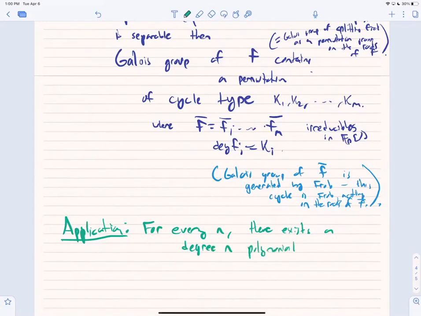It's going to be irreducible in Z[x] such that the Galois group of f is just the symmetric group. So it's as big as possible. So how do you do that?